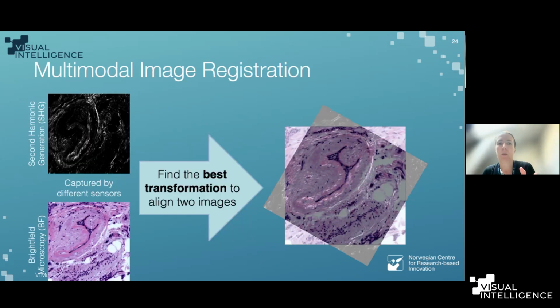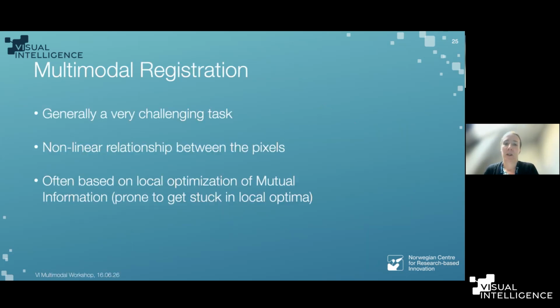And now when we're talking about multimodal image registration, it's the same thing, just that my two images have been captured by different modalities, but I'm still trying to find the best transformation, either a rigid transformation, an affine transformation, or a deformable registration. The thing is, with multimodal images it's a very, very challenging task because you have this completely nonlinear relationship between the pixels, and they might show completely complementary structures that are only visible in one but not the other image.